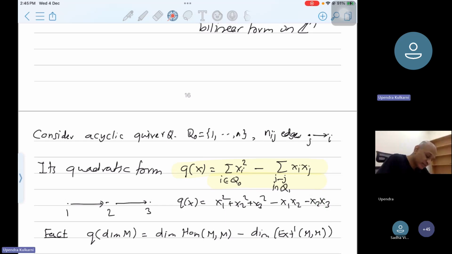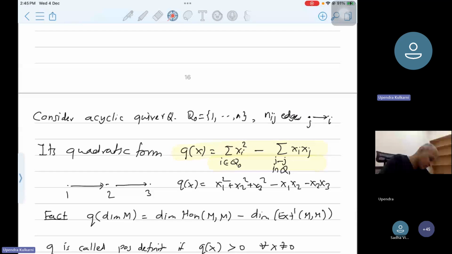I did not put an arrow over here because the arrow doesn't matter, you see. If I reverse the orientation, nothing changes. All right. So where did I just pull this out from? There are two different connections to make.